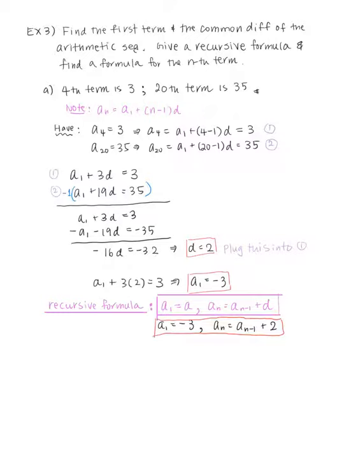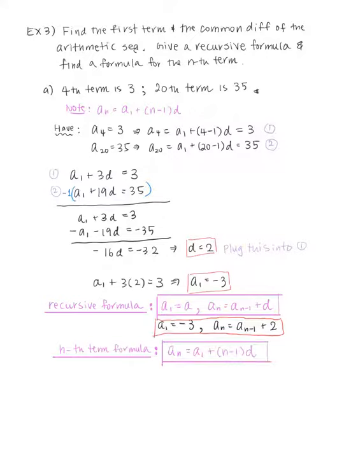We got the recursive formula now, and it says to find the formula for the nth term. So let me just write everything out. So nth term formula is given by a sub n equals a sub 1 plus n minus 1 times d.